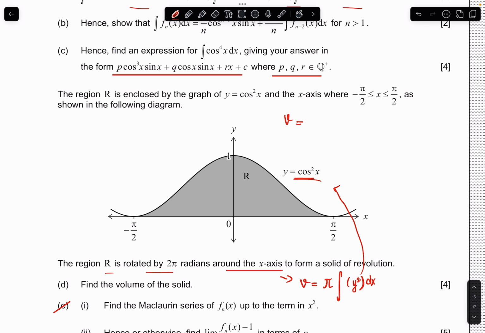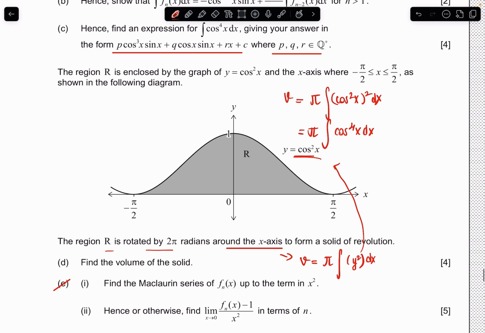So if I had to calculate the volume, this is obviously going to be pi integral of cosine squared x squared dx. As I've said before, every section of IB questions is interconnected. So the fact that we are using pi integral cosine to the 4th power x dx is not a coincidence. It just means that the question previously made us calculate what the integral of cosine to the 4th power x dx is, in order to purposefully help us in section D of this question.